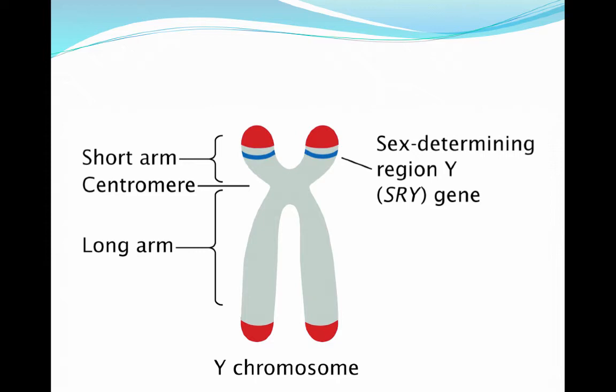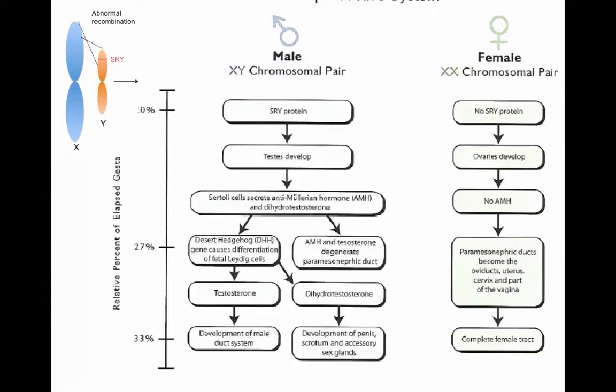It's a gene that occurs on the Y chromosome, and if that gene is present in a male offspring, then the SRY protein is produced, and that enables testes to be developed, Sertoli cells to secrete anti-Müllerian hormone, or AMH, as well as dihydrotestosterone and testosterone. And then you get development of the male duct system and accessory sex glands.